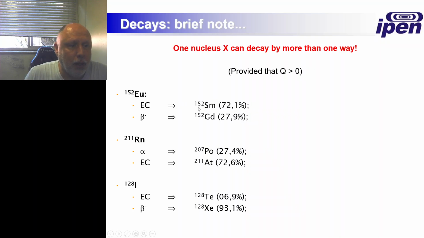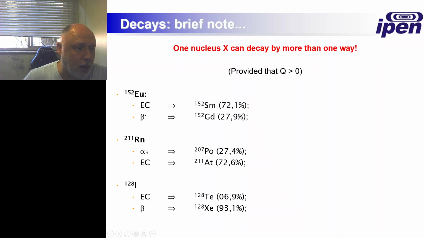It can decay by electron capture to samarium-152. This is 72% of the times, meaning I have 100 nuclei, 72 of them will decay by this route, and 28% will decay by this route, which is a beta minus to gadolinium-152. You see the same nuclide can decay by two distinct ways, going to two distinct places, right? And each one has its own probability.